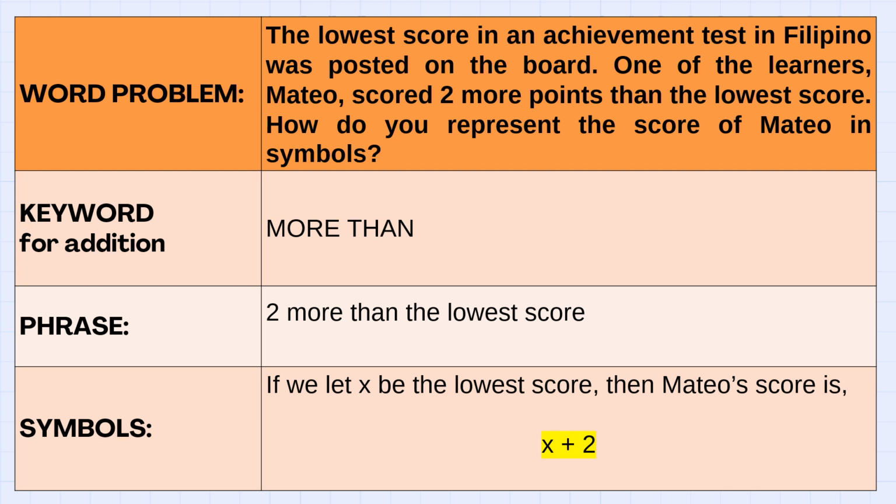If we let x be the lowest score, then Mateo's score is x plus 2. Take note, x is the lowest score, and this 2 is the additional points so that we can get the score of Mateo. So 2 more than the lowest score is translated to x plus 2.